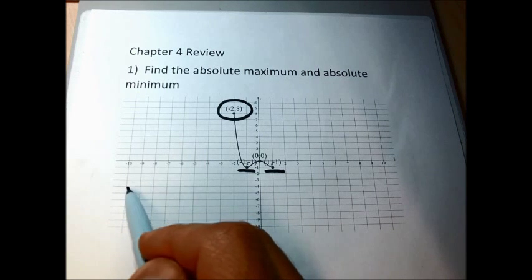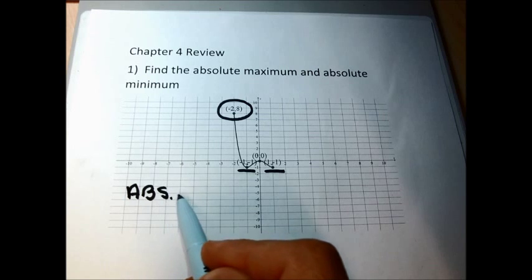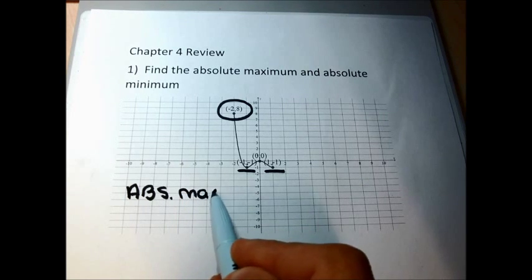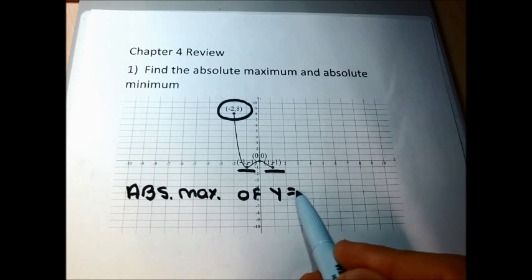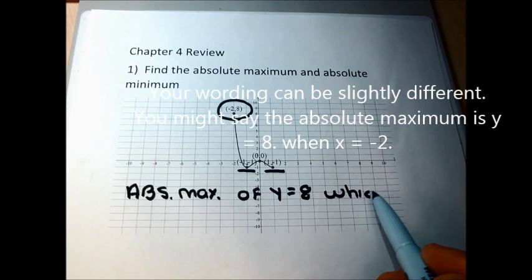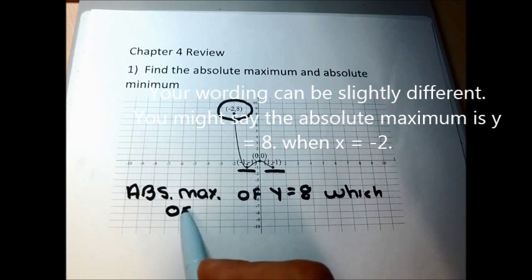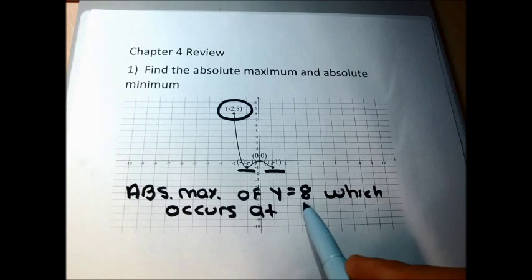So we'd say there's an absolute maximum of y equal 8, which occurs at x equal to negative 2.